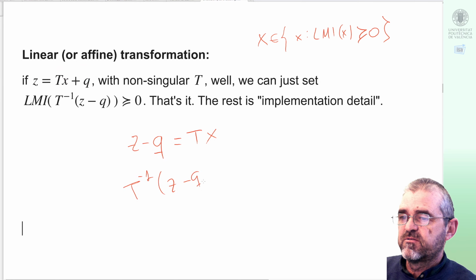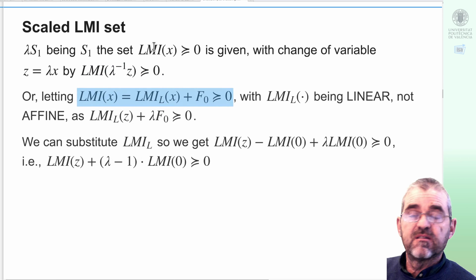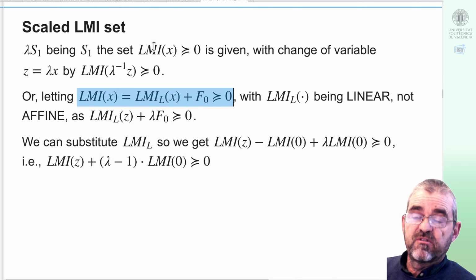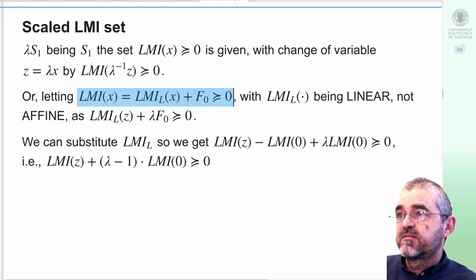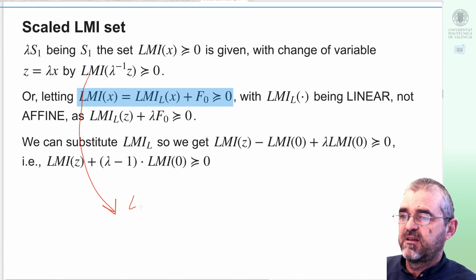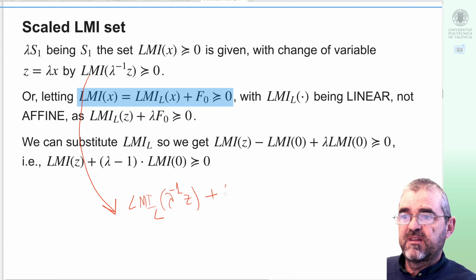But as the LMI can be split as a sum of a truly linear LMI, LMI sub L, and the constant matrix, LMI of 0, then I will get this to be LMI L of lambda minus 1 Z plus this constant matrix F0, or LMI of 0.